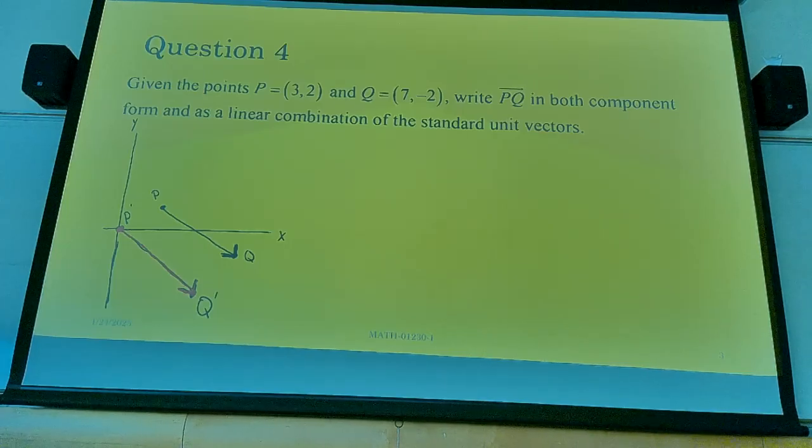And remember, you're allowed to do that with vectors as long as you maintain the same length and the same direction. We know what P prime is. Now we need Q prime.